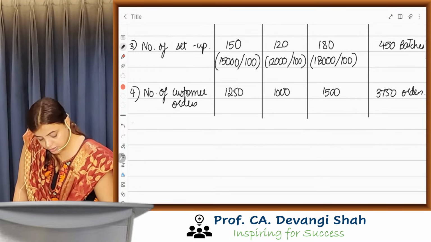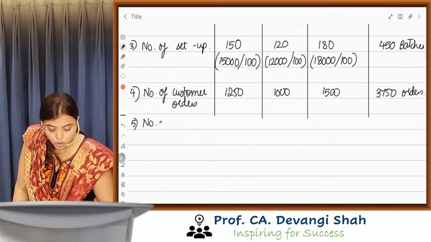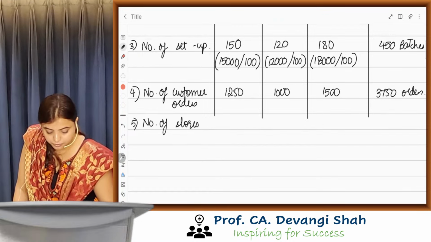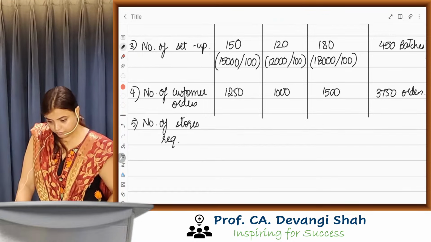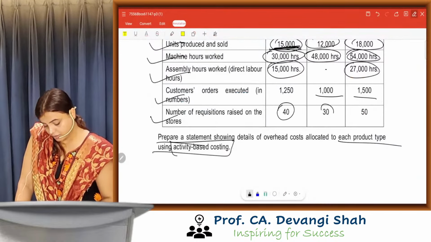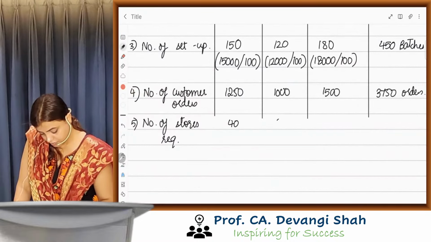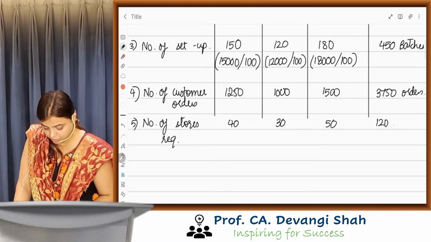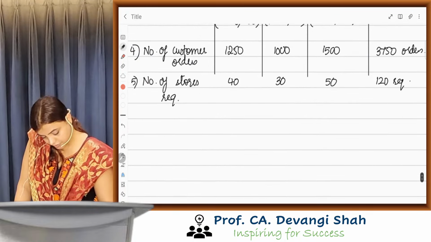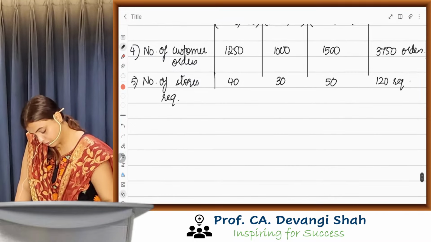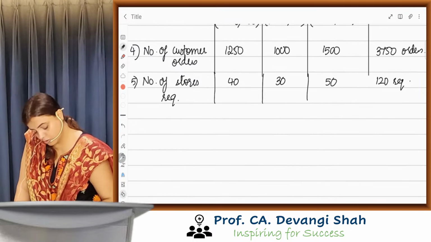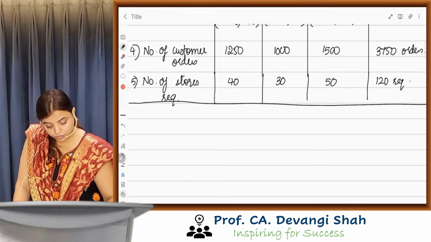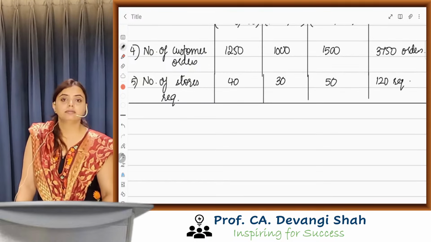And last is number of stores requisition. Forty, 30, 50. Total 120 requisitions you have raised. Chalo. Now we know cost drivers of all the activities.